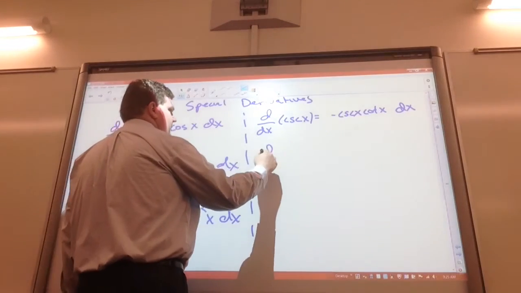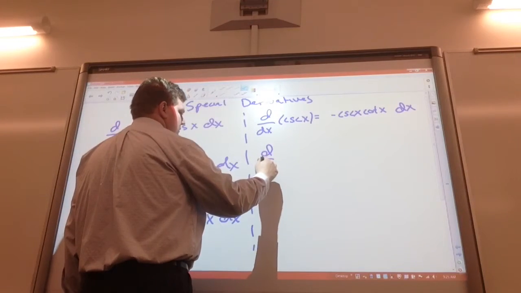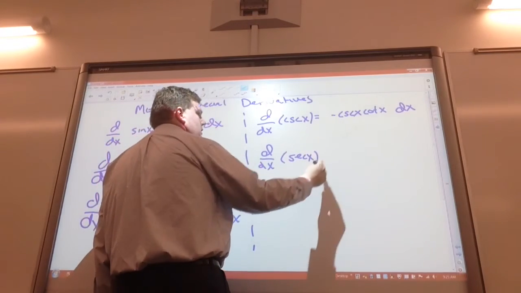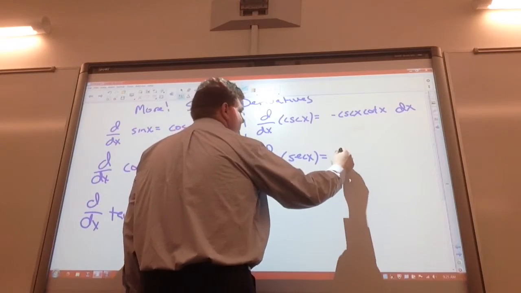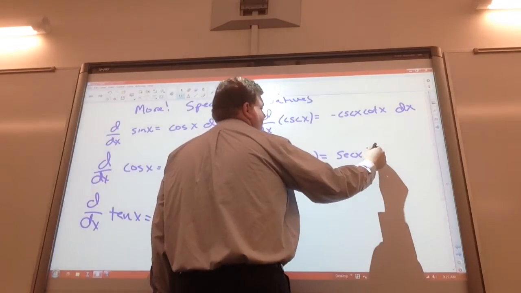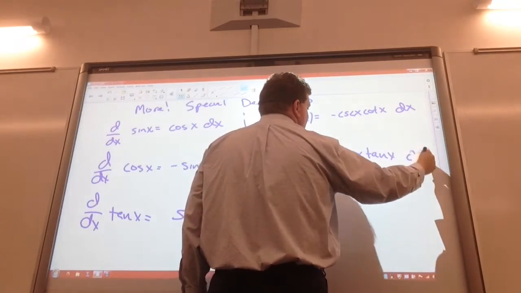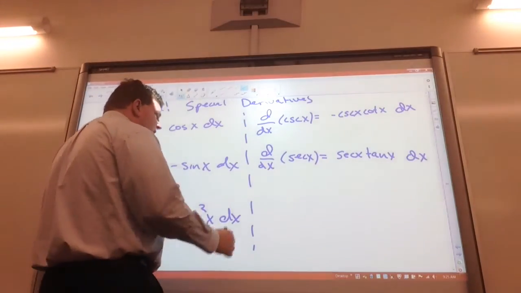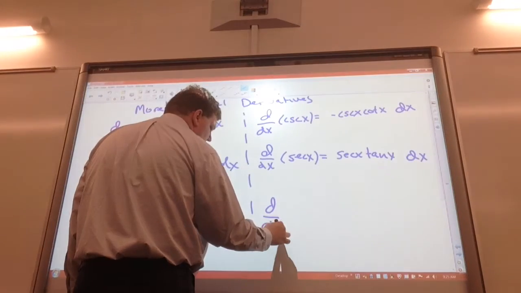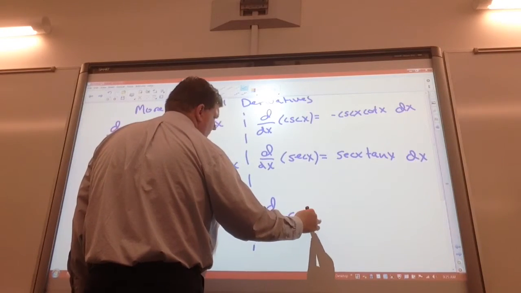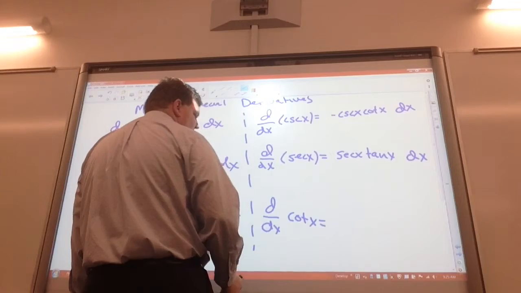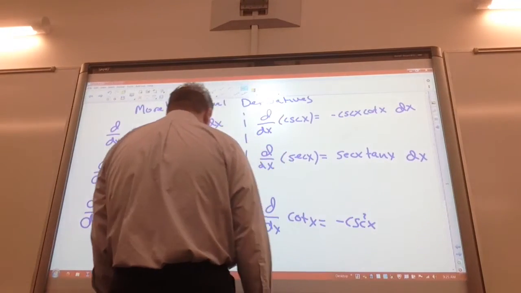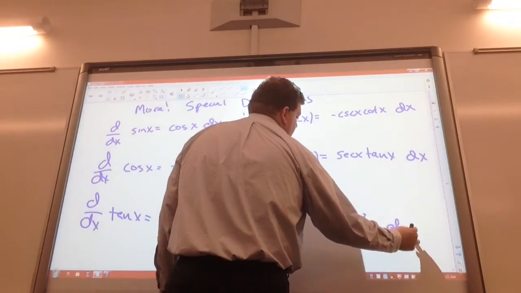The derivative of the secant of x is going to be the secant of x tangent of x dx. Okay? And lastly, the derivative of the cotangent of x is minus the cosecant of x squared, or minus the cosecant squared of x dx.